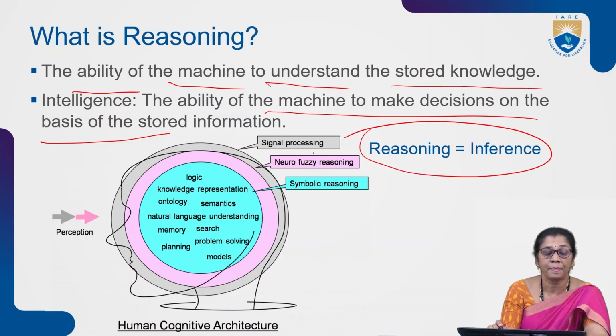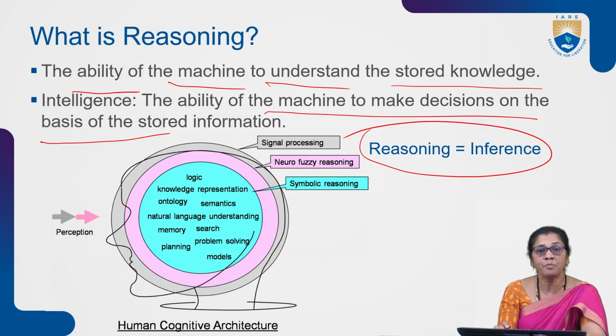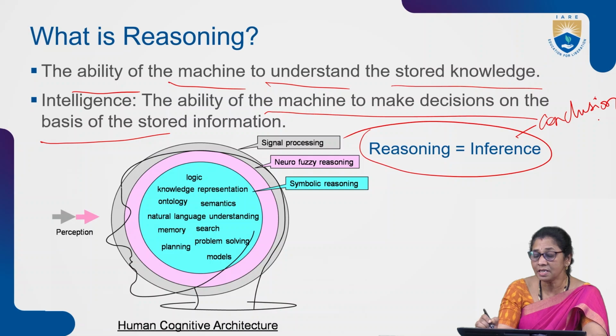That is conclusion. So like any agent, if the agent knows something, what should it know more? And after getting more information and knowledge, what will it do? So it has to reason. How does it have to reason with what it knows? After reasoning, it has to be a conclusion, or it has to be decision making.